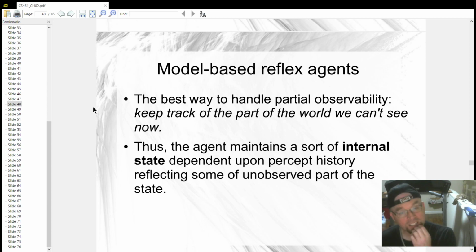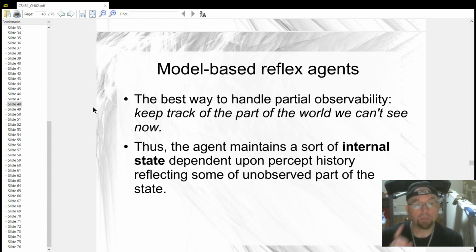So what's the best way to handle a partially observable environment, an agent working within it? Maybe it doesn't have all the sensors it needs, or maybe one of the sensors goes down or breaks. So what do you do?